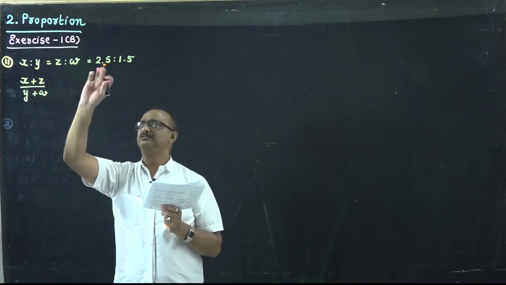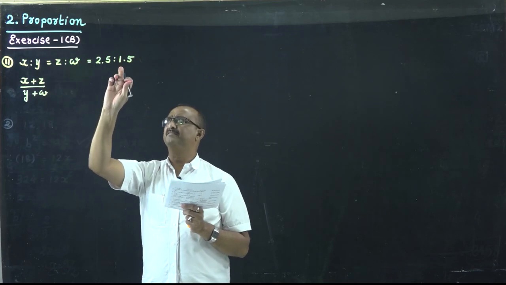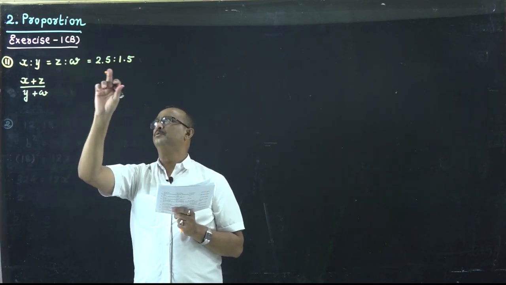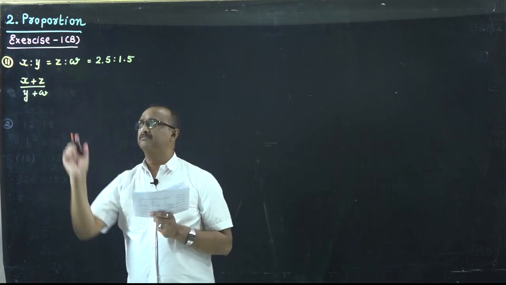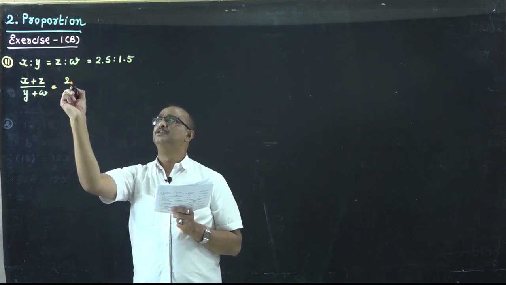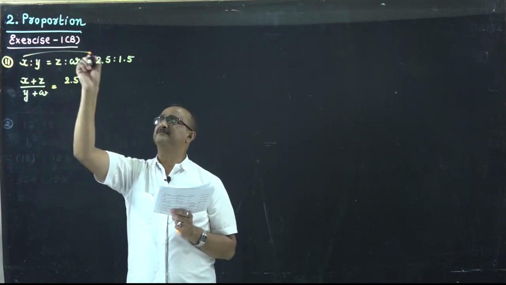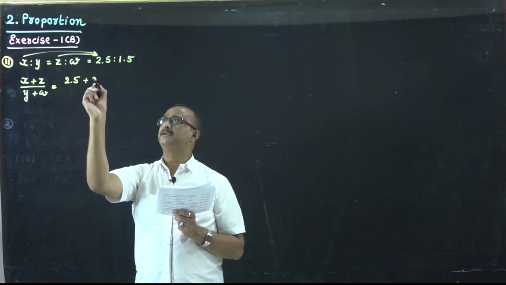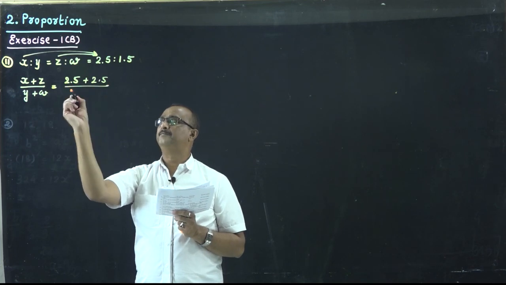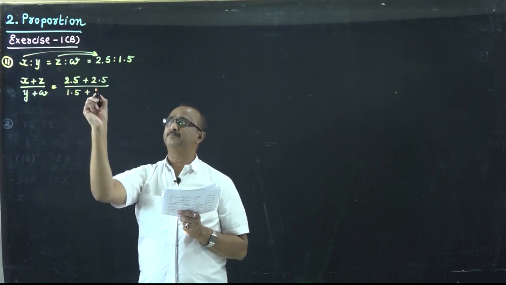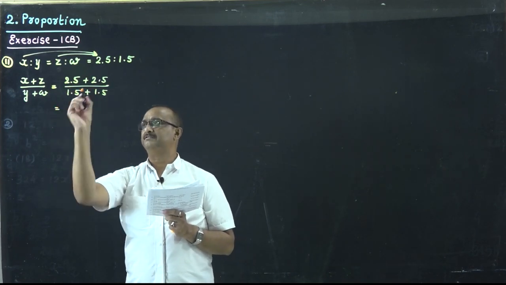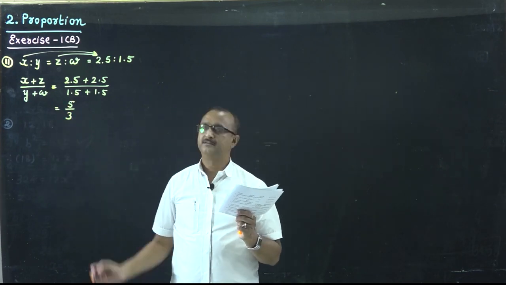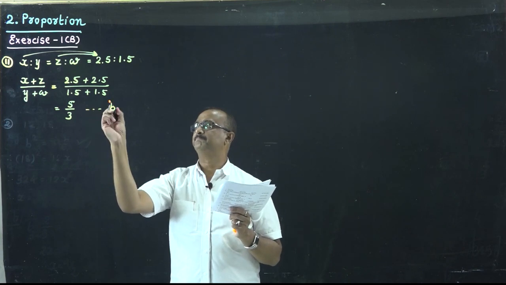Just putting x equal to 2.5, z equal to 2.5, y equal to 1.5 and w equal to 1.5, let's solve it. (2.5 plus 2.5) upon (1.5 plus 1.5) is equal to 5 by 3 and the correct answer is option B.